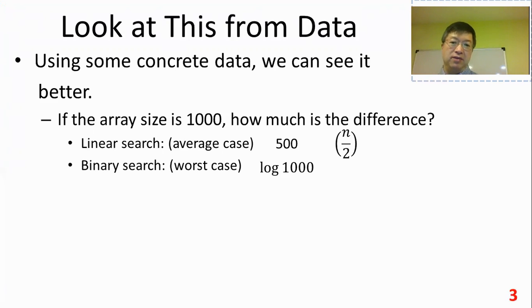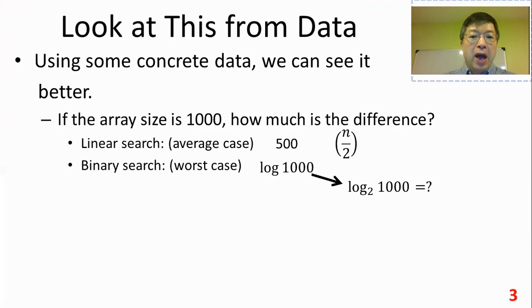This log here, we omit the base number because in computer science, we frequently use the binary system, so that corresponds to 2. If we omit the base, we use 2 as the default base. So that means it is log base 2 of 1,000. We want to know this number.